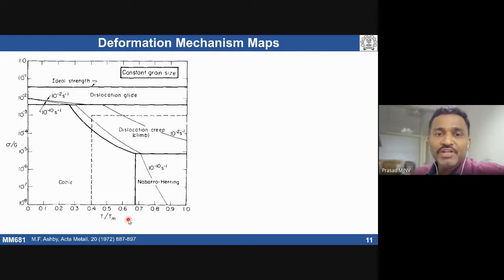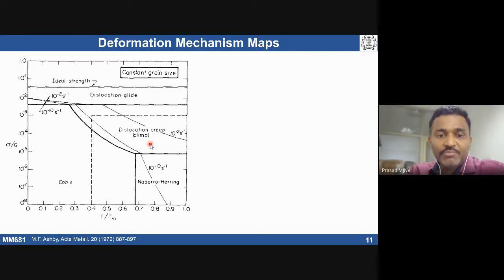When you design a material, you establish these things and see what kind of deformation mechanisms are taking place. Once you know this map, for example, I want to use a particular material for a component which can be exposed to a particular stress and temperature. That means the material is going to experience dislocation creep, so the mechanism is going to be the dislocation creep mechanism. If you can control climb, you can extend the life of a component.